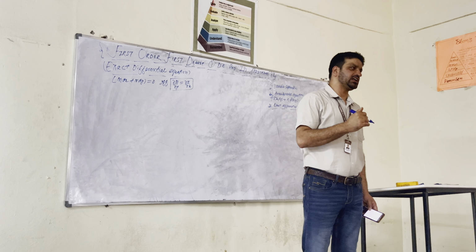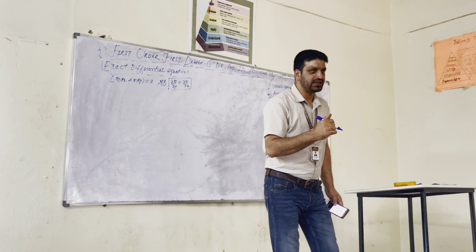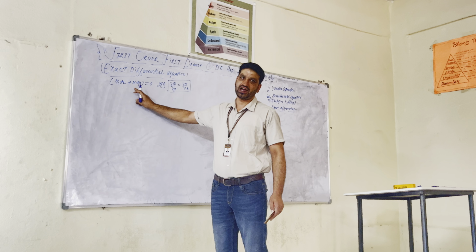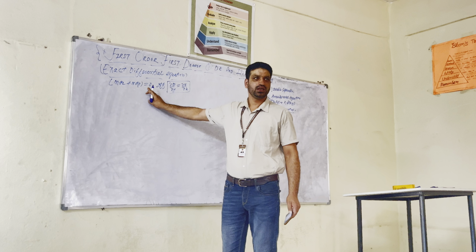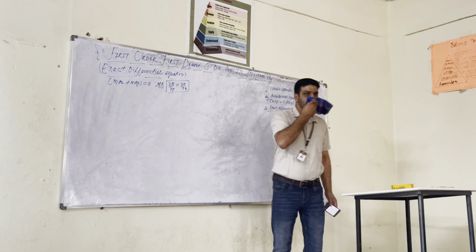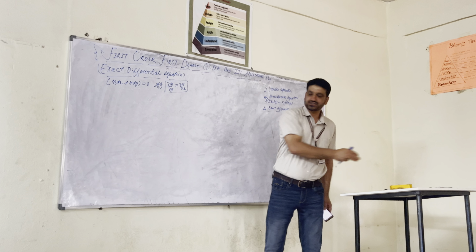Means any differential equation is said to be exact if M dx plus N dy is equal to 0, if and only if there is a condition that dou M by dou y is equal to dou N by dou x, and that equation is said to be an exact differential equation.